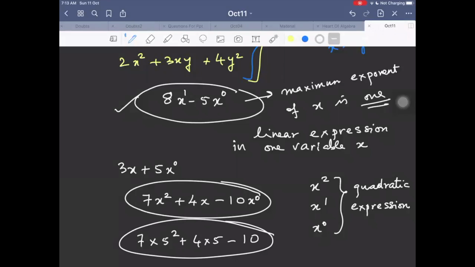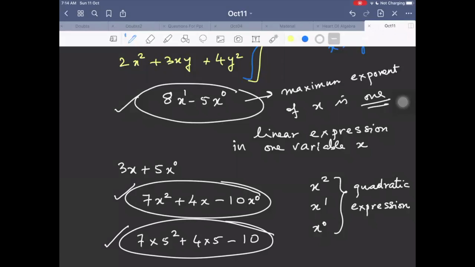So instead of numbers only, we can have numbers, variables, and operations in an algebraic expression. And we can have algebraic expressions in just one variable. We can have algebraic expressions consisting of 2 or more variables.